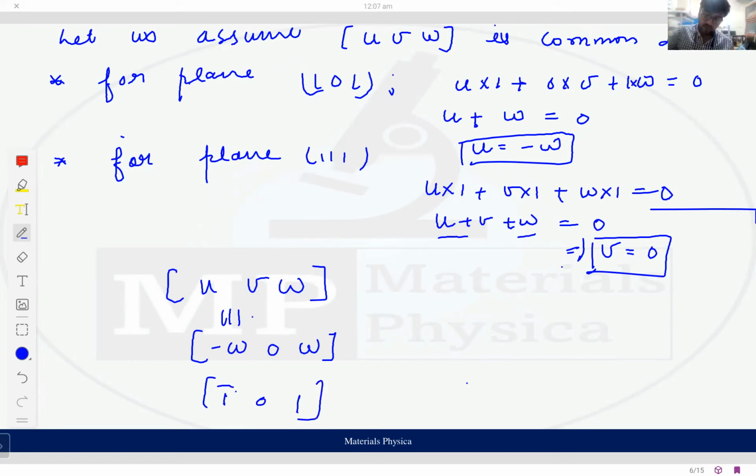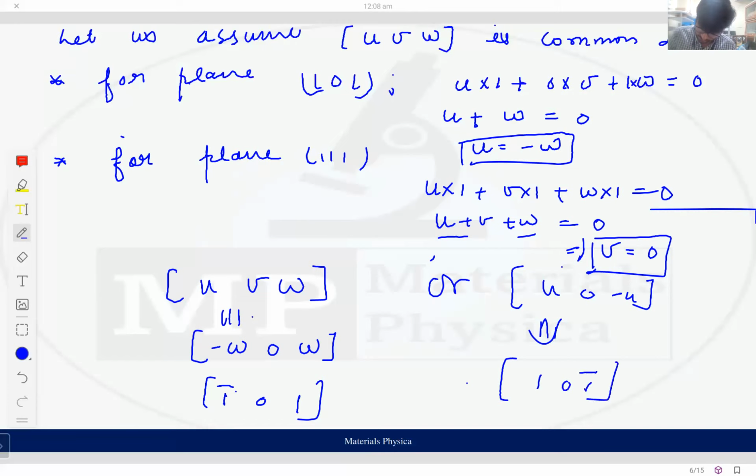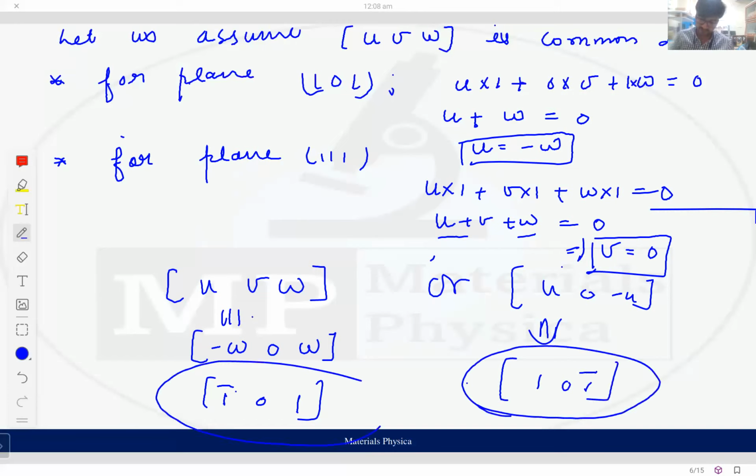In a similar way, if we write W is equal to minus U, then we will get U 0 minus U, and to convert this into the simplest integers, we will get 1 0 1 bar. So this is the direction which is common to both of the planes 101 and 111. Now the next question.